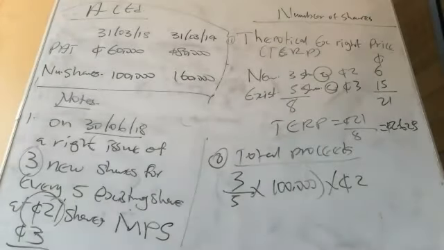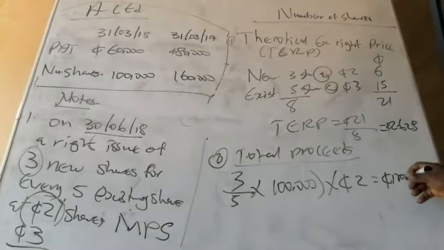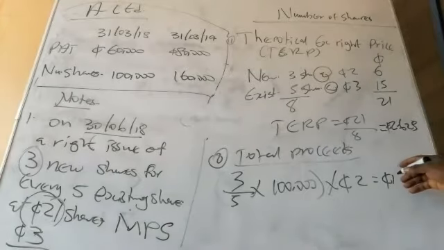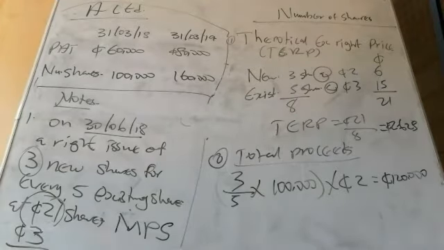So the proceeds will be 120,000 cedis. That's the actual amount we get from the sale of these shares. So 60,000 by 2 cedis will give us 120,000. For the 60,000 shares, we are done.